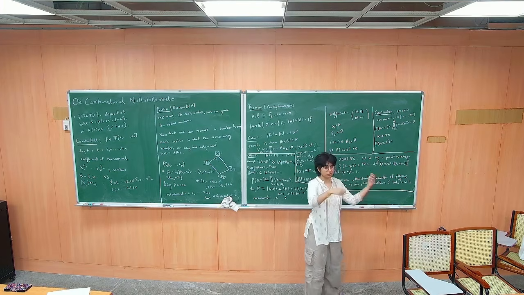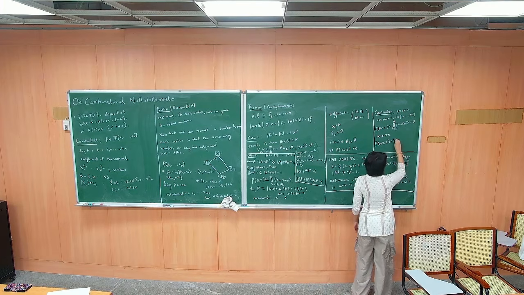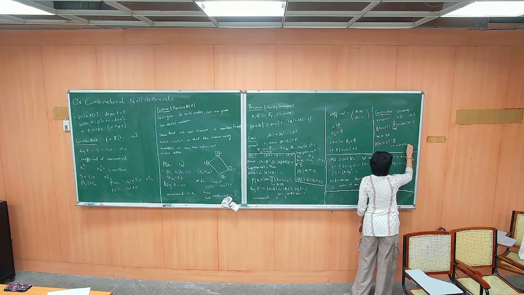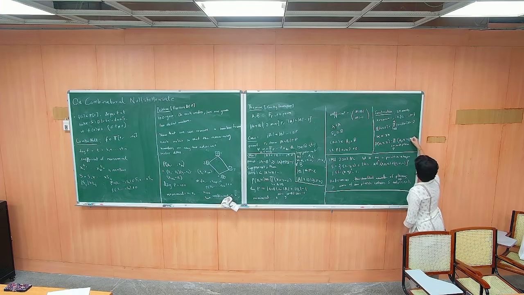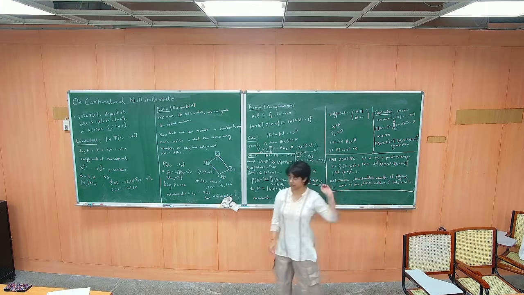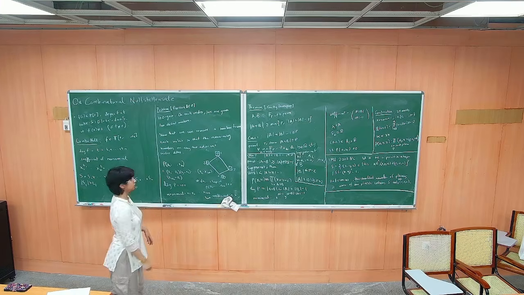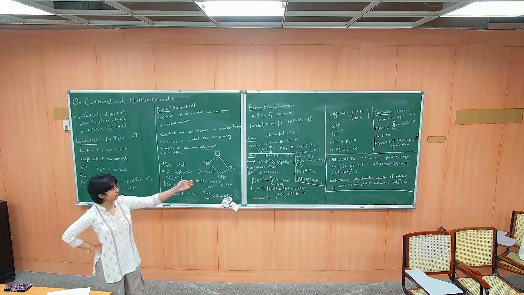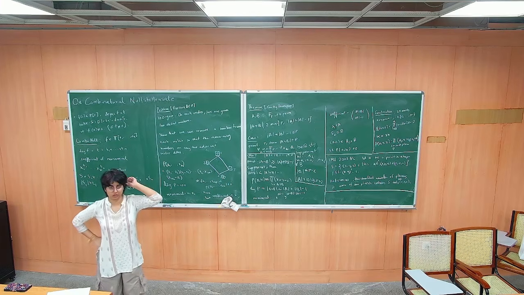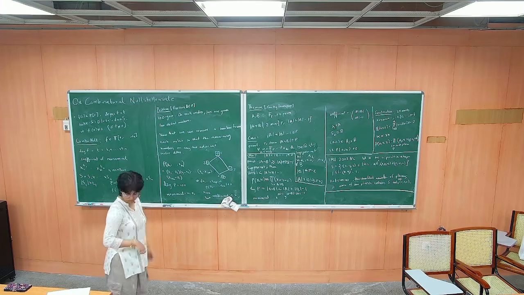So for each plane, I have some a_p x, b_p y, c_p z plus d, and it's going over all the planes. Now we can start seeing that those two are the polynomials we are going to deal with. What is the degree of the polynomial q(x,y,z)? 3n.